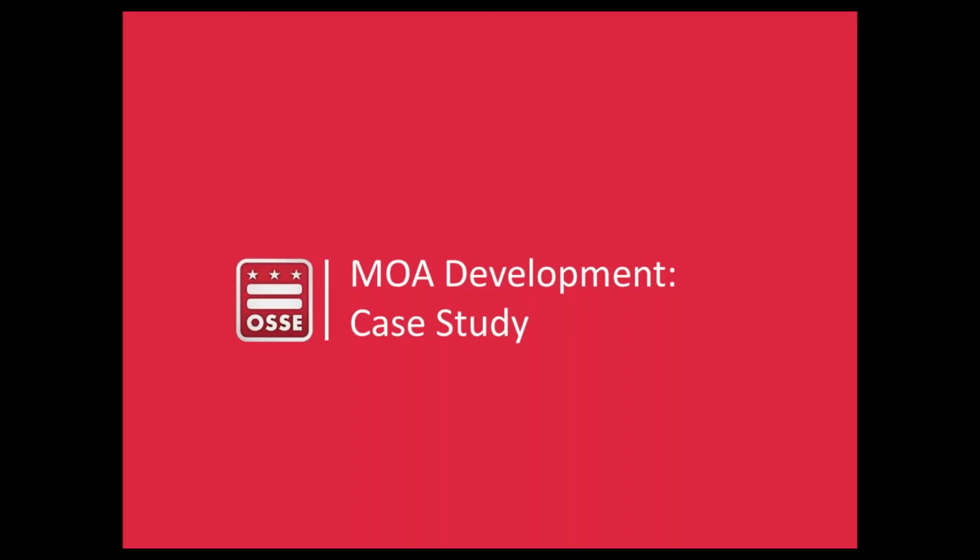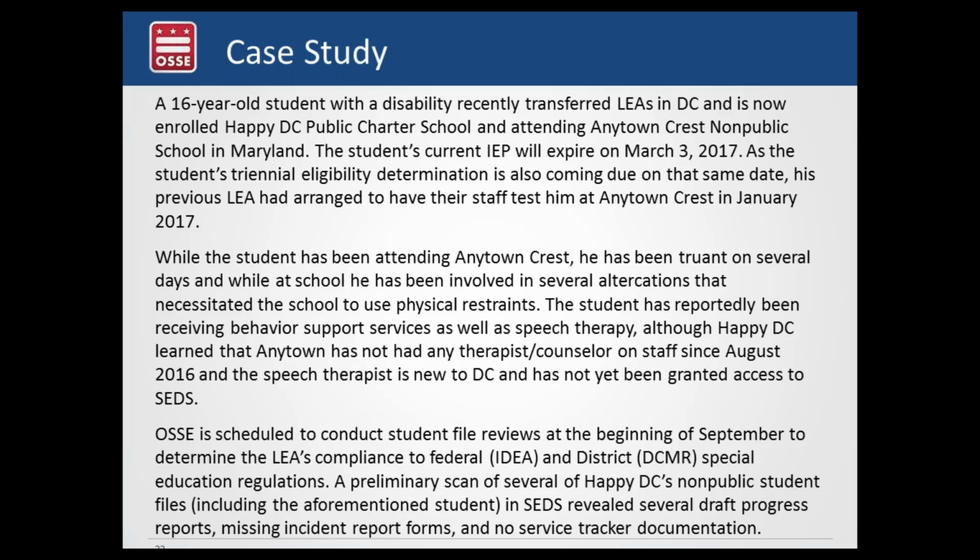Okay, moving along to the case study. Here we have a case study, and I'll just read it out loud. We have a 16-year-old student with a disability who recently transferred LEAs. The student is enrolled in a DC LEA called Happy Public Charter School and attending a non-public school named Anytown Crest Non-Public School in Maryland.